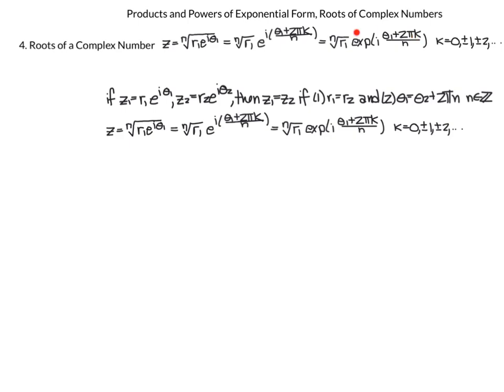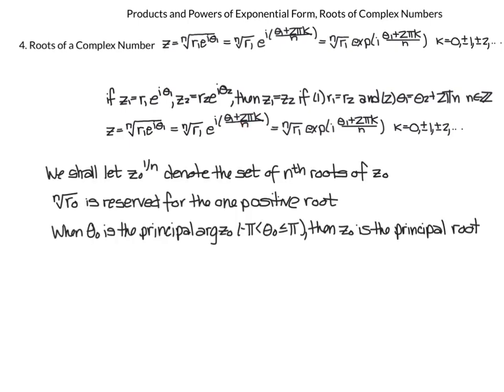And then that is exactly how we get this formula here, which is copied down here, that the nth root of r1 e to the I theta 1 is the nth root of r1 and e to the I theta 1 over n plus our 2 pi k over n as well. And our three other points.